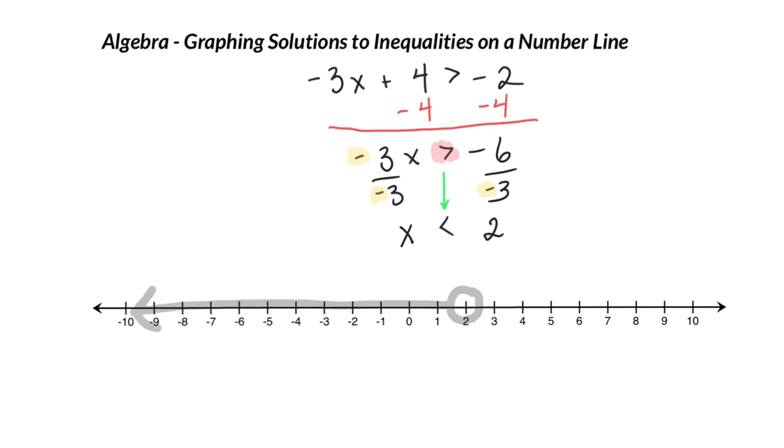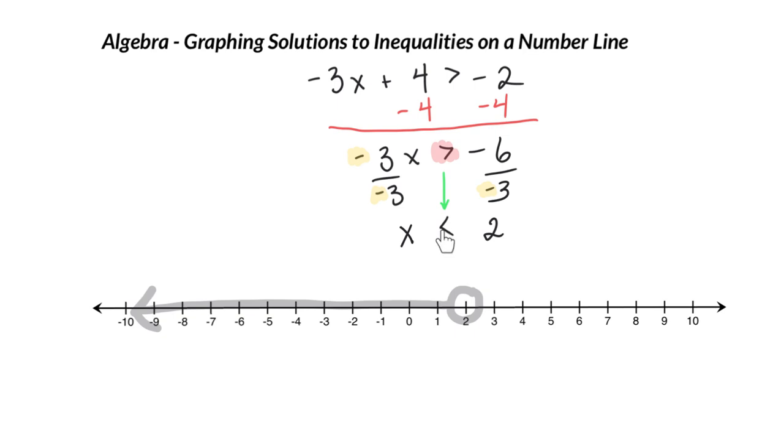Okay, let's verify that what we did is true. Let's plug in, let's say, negative 1. Negative 3 times negative 1 is positive 3. Plus 4 is 7, and that is greater than negative 2.